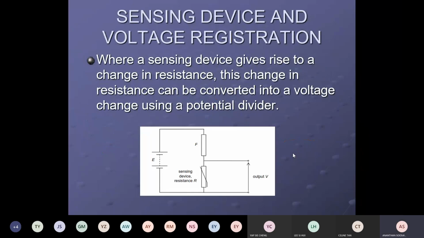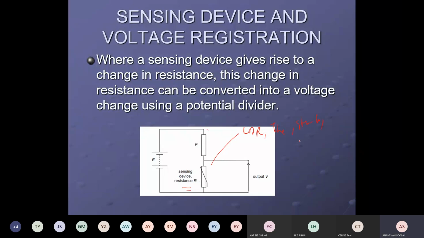Okay, how is the sensor going to be fixed to the operational amplifier? The sensing device will register a voltage. The sensing device will be connected like this as a potential divider technique. Whatever sensing device we place here at the bottom could be, as I said, there are 4 types: LDR, thermistor, strain gauge, or what?